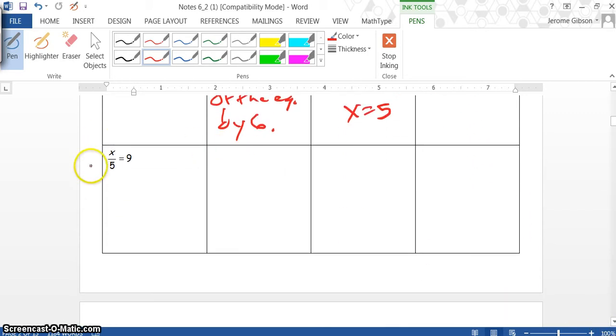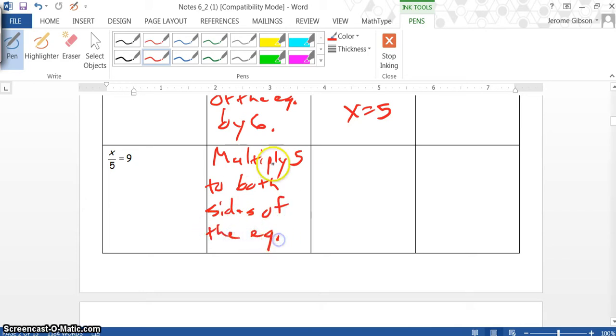Now we come down here, we have x over 5 is equal to 9. We can multiply 5 to both sides of the equation. Then we will solve. We have x over 5 is equal to 9.